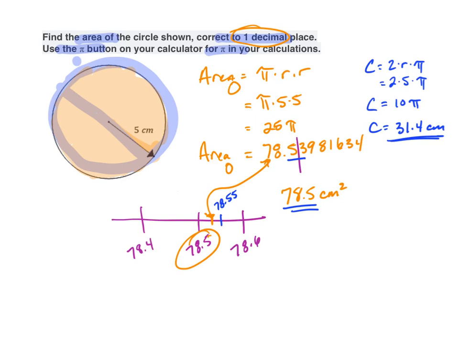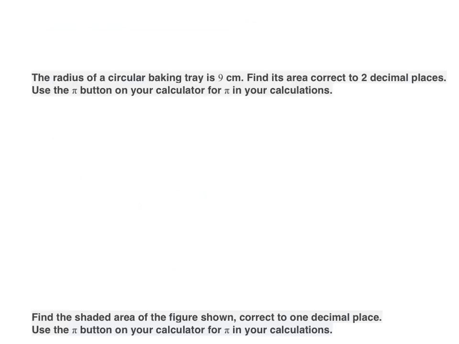We're trying to figure out how many square pieces it would take. Okay. So you have to be careful. You need to determine, are we looking for area or are we looking for circumference? And you also have to know, do we have the radius?